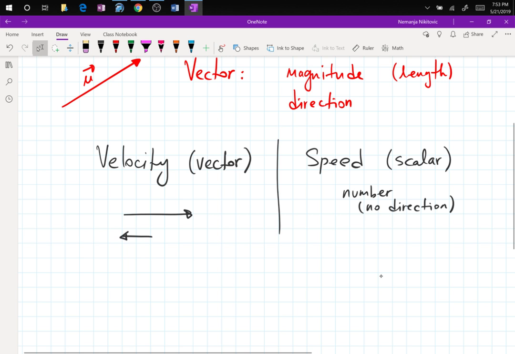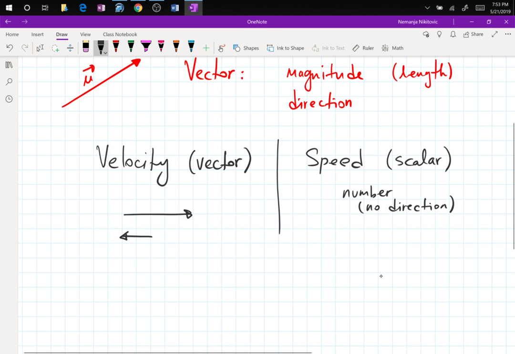But then, see, when you talk about velocity, velocity is the speed and the direction in which you go. So the magnitude of velocity is speed, and speed is just a number. Your speedometer has no direction attached to it. It's only the amount of speed that you have. So you're going 50 miles per hour, 60 miles per hour.